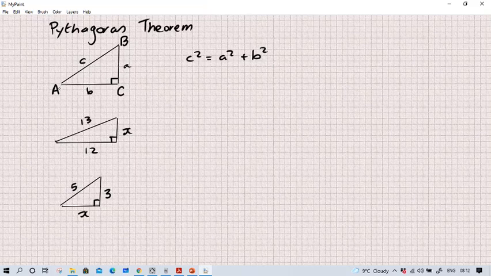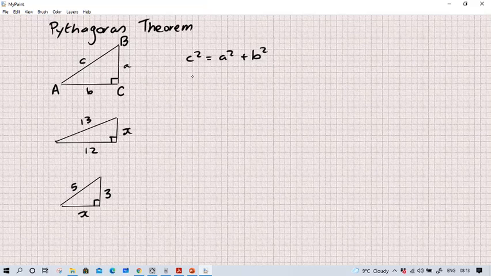Capital A is the angle, small a is the length opposite A. Capital B is the angle at the top, and small b is opposite. Pythagoras' theorem says that c squared equals a squared plus b squared. Otherwise stated, the square of the hypotenuse equals the sum of the squares on the other two sides. The hypotenuse is the longest length in any right angle triangle.